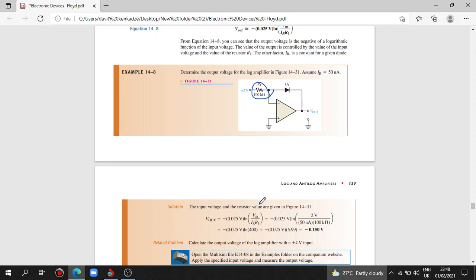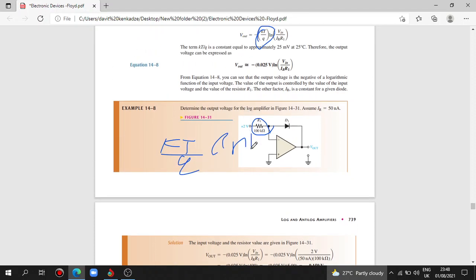Okay, Vout we can calculate: kT over q, ln of Vin over IR R1.